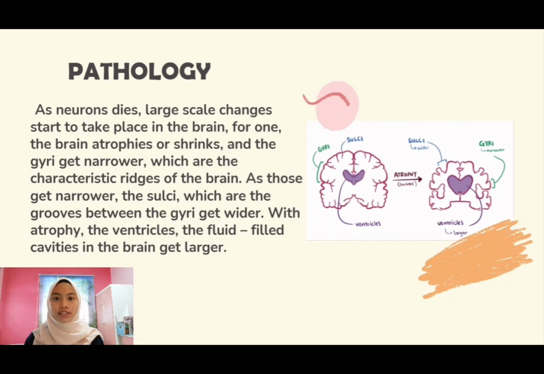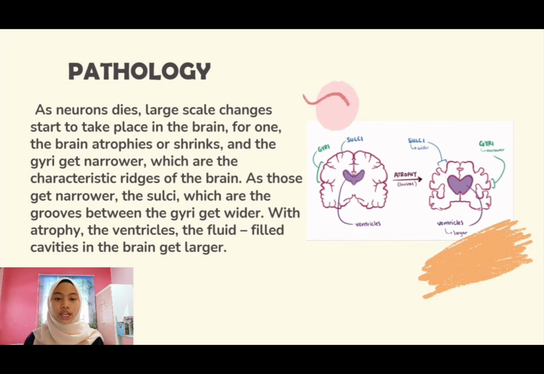Moving on to the next part, which is pathology. As neurons die, large-scale changes start to take place in the brain. For one, the brain atrophies or shrinks, and the gyri, which are the characteristic ridges of the brain, get narrower. As those get narrower, the sulci, which are the grooves between the gyri, get wider.